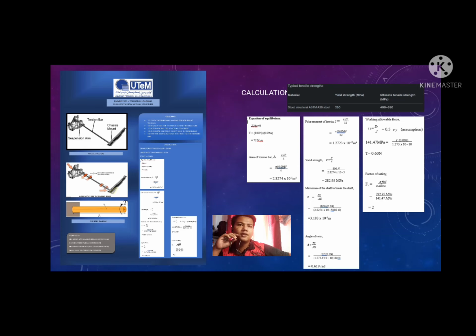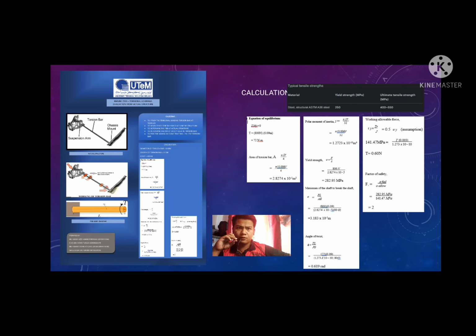After that, the yielding strength of the shaft is force divided by sectional area: 800 Newton divided by area 2.8274 times 10 power of -5 meter square. We get here 282.95 megapascal. To get the maximum length to break the shaft, we use force times length divided by area times Young modulus of material.